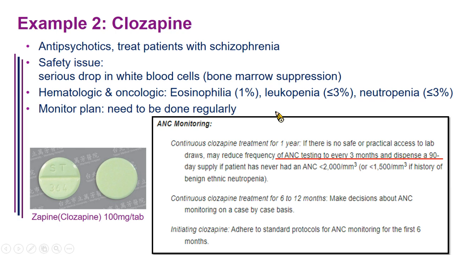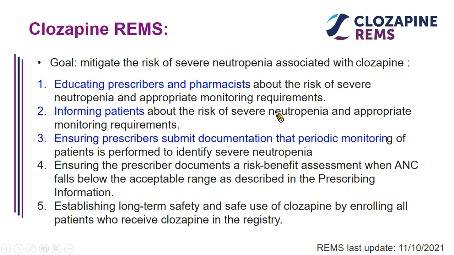And for those with short-term use from 6 months to 12 months, you need to make decisions about ANC monitoring on a case-by-case basis, but by no means can you just prescribe the drug and not have your patient's blood checked. So what is the REMS about in clozapine specifically?